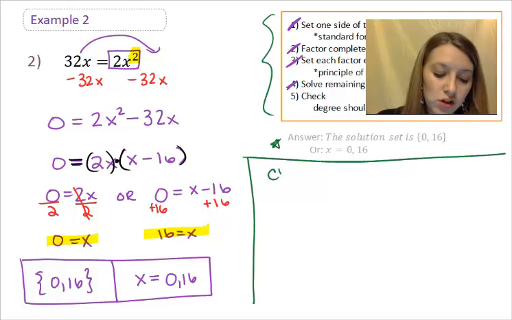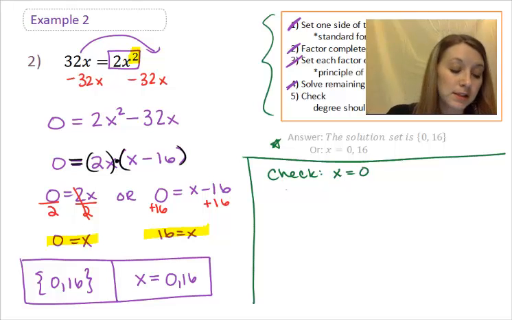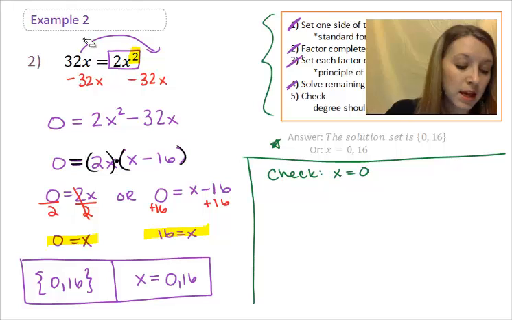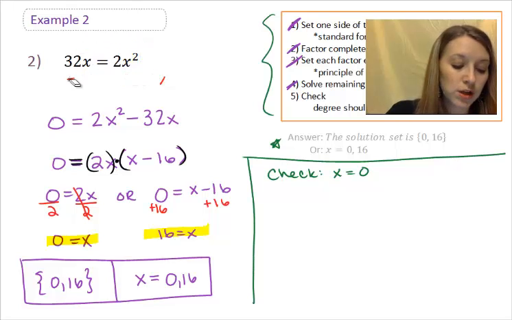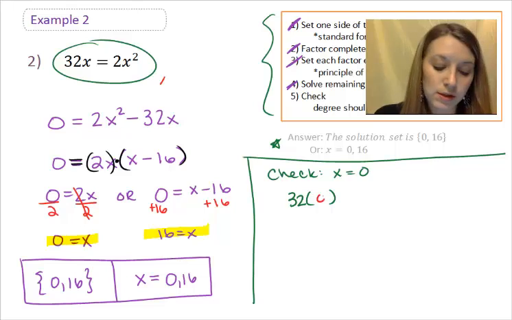So let me first check the x equals 0 solution. So that means I need to take 0 and plug it back in to my original equation up here, any place that I see an x. So I have 32 times x, which I'm going to substitute in 0.